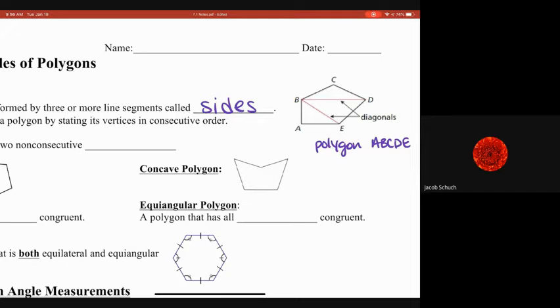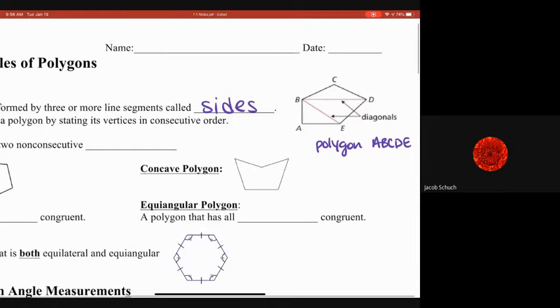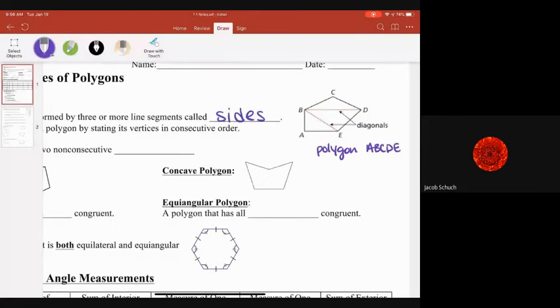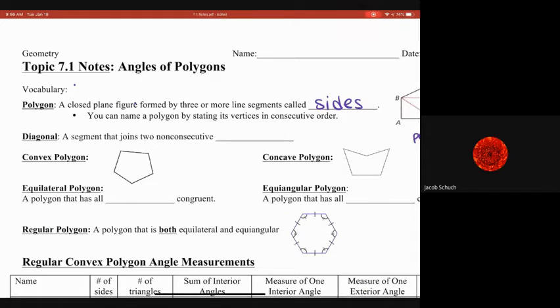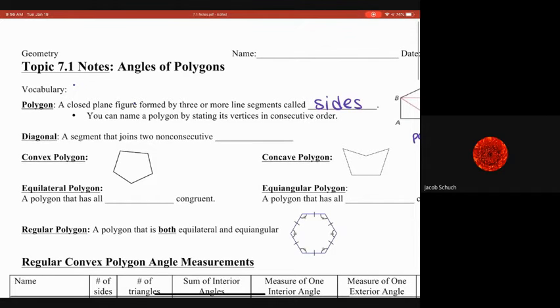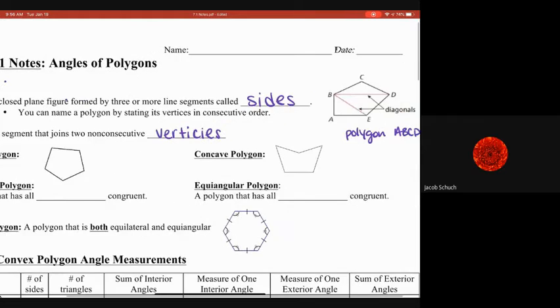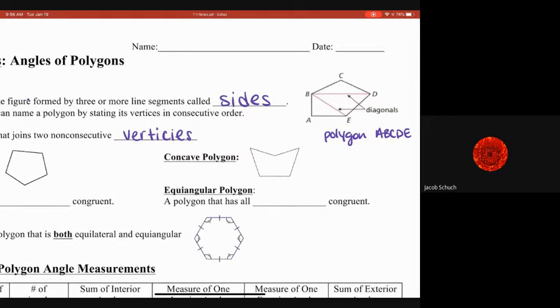All right, and then in a polygon, you can have something called diagonals. So diagonals, that's a segment that joins 2 non-consecutive vertices. Diagonals are oftentimes drawn in your polygon to split it up into smaller shapes.